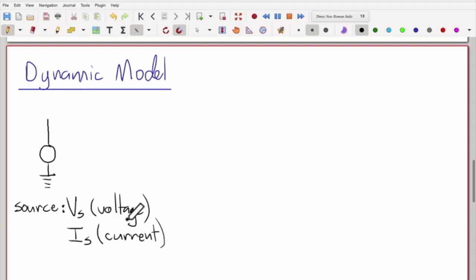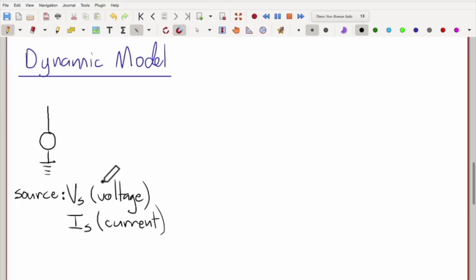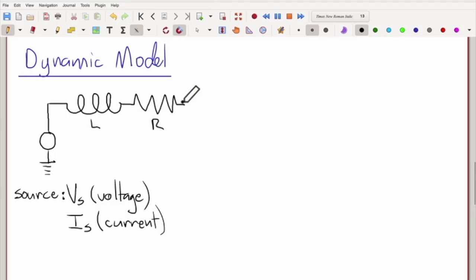And these have costs and benefits associated with each of them. Over here on the left, we're going to start by including the model of the coil, which is going to consist, a pretty good model for this, of an inductance in series with a resistance, and we'll call the inductance L and the resistance R.